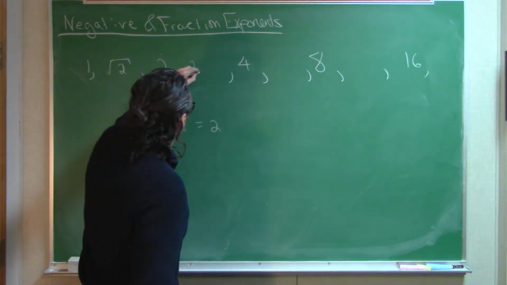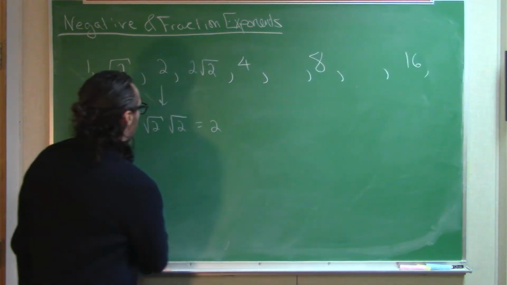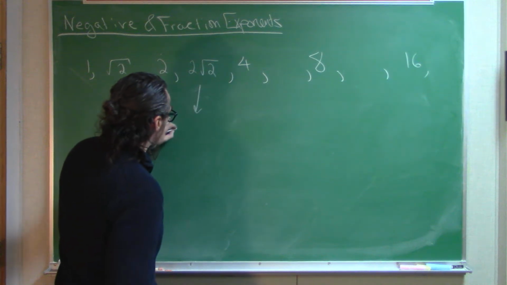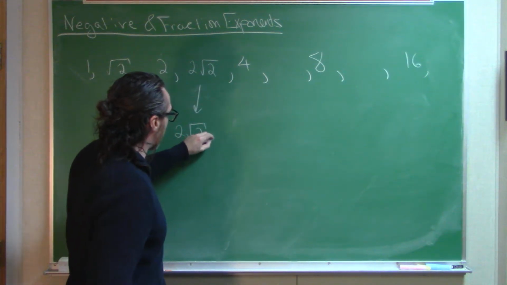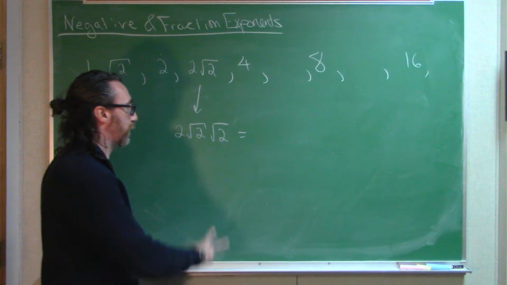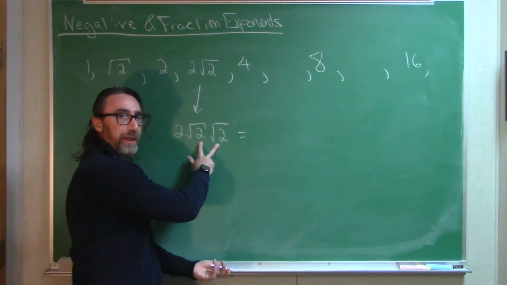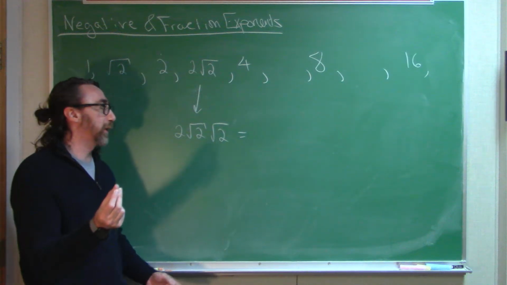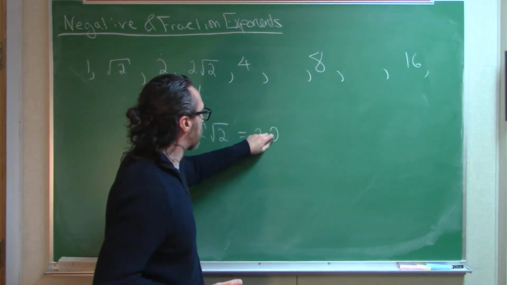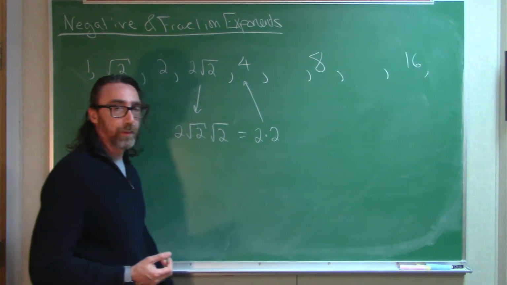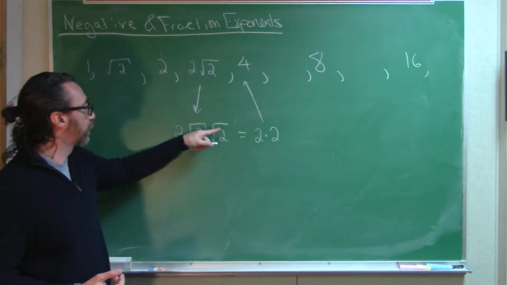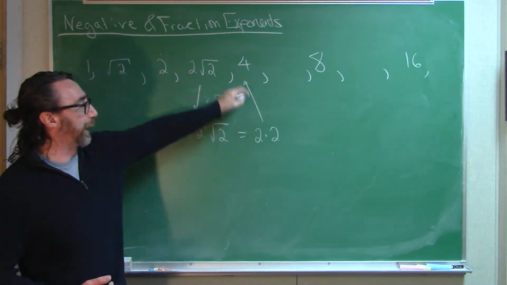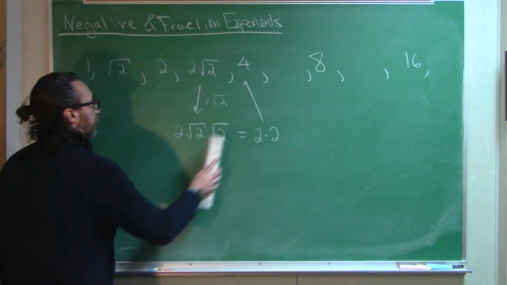That's the function this number fulfills. Now, if I have 2 radical 2, and I multiply by another factor of radical 2, whenever I get 2 of those multiplied together, they multiply together to give me a 2, so that gives me 4. So if I hit this with a radical 2, I get 4.